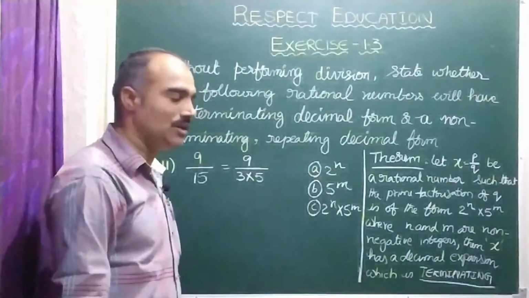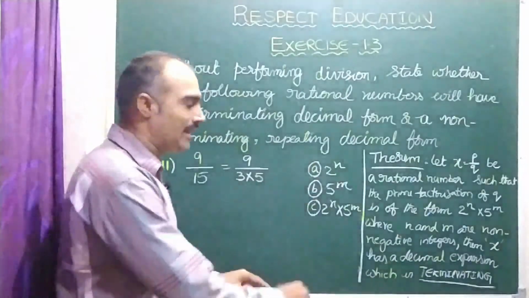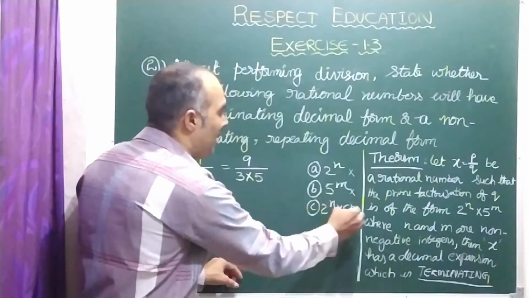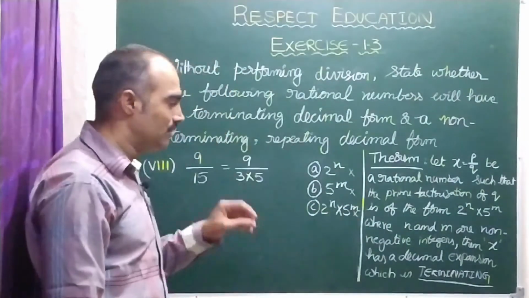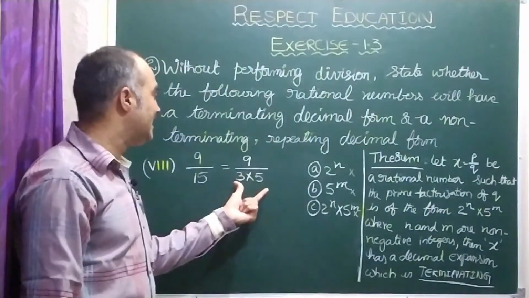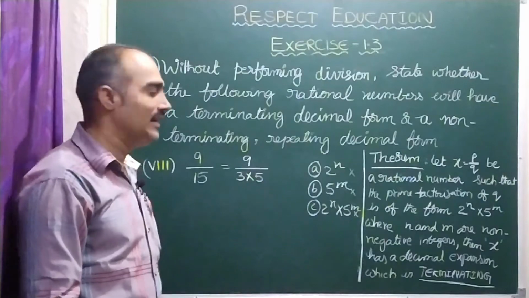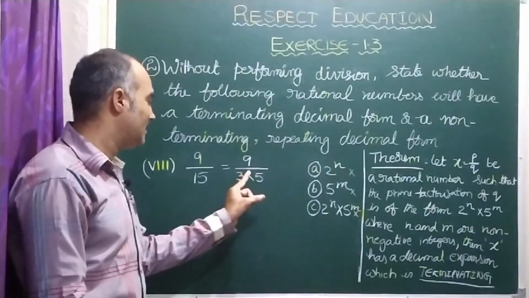So here clearly observe, this is not in 2 power n, not in 5 power m, and not in the combination of 2 and 5. So here we can write this as non-terminating repeating decimal, right? But you need to take enough care here, children.